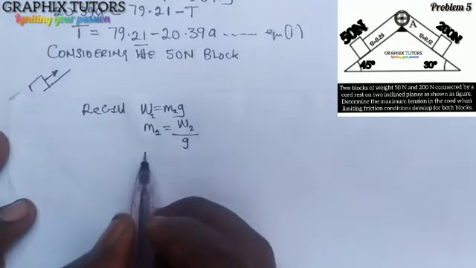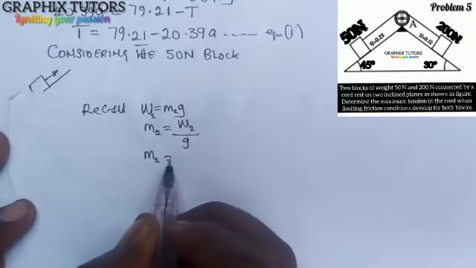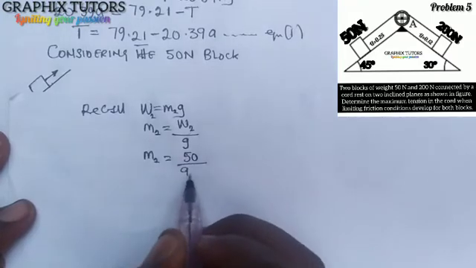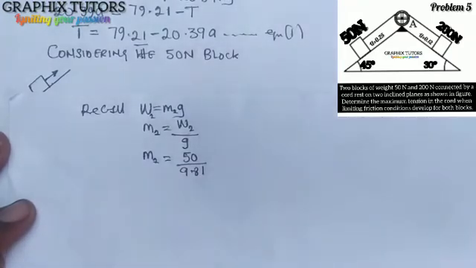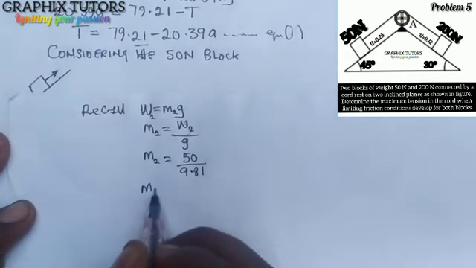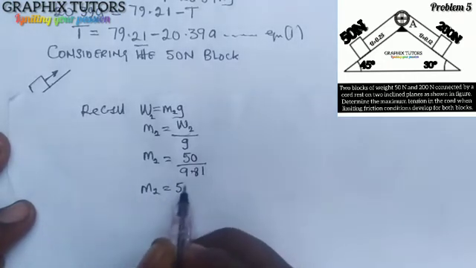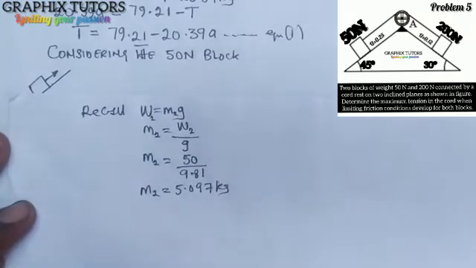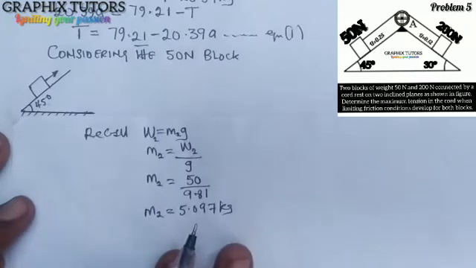The weight 2 here is 50 and the gravity is 9.81. So if I divide 50 by 9.81, I'll be having 5.097. So M2 here is 5.097 kilogram.